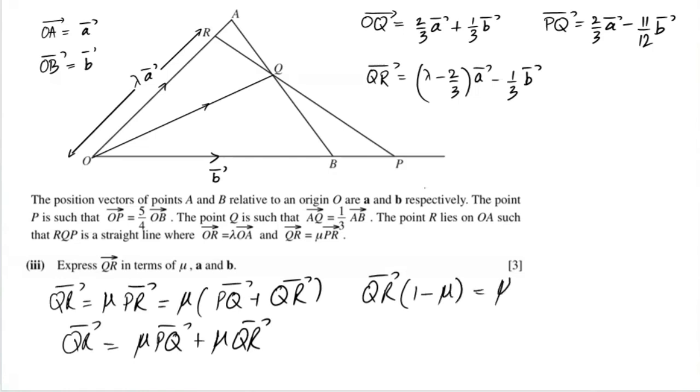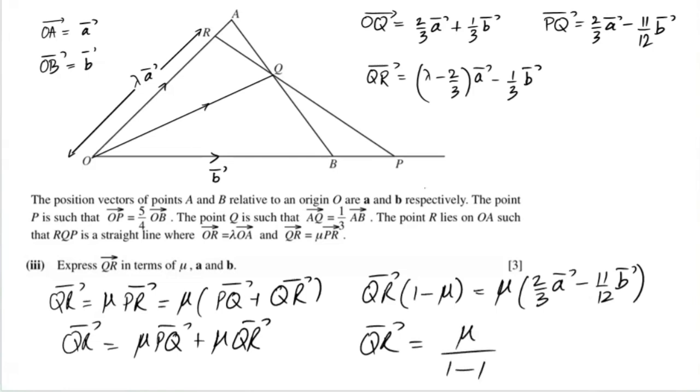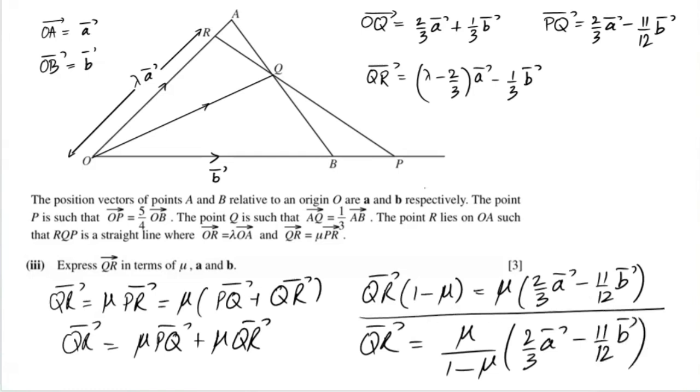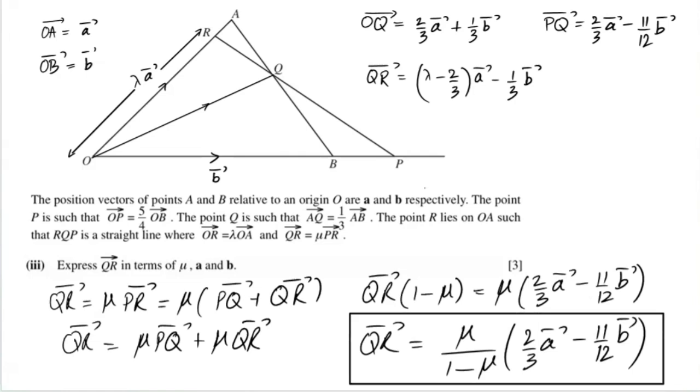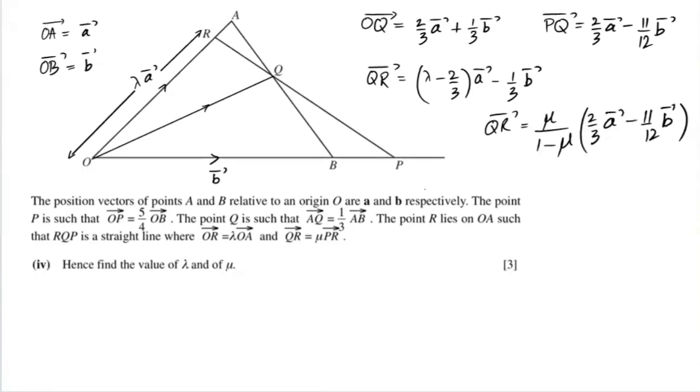And mu times, this is 2/3 A and minus 11 over 12 B. So now QR can be written as mu over 1 minus mu times 2/3 A minus 11 over 12 B, which looks a bit weird, but this is the answer for this part.